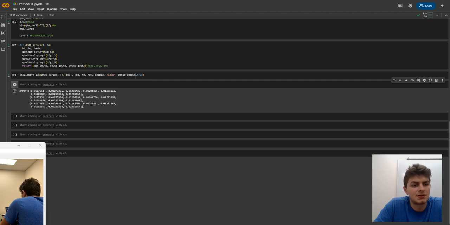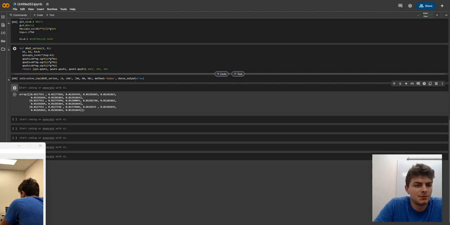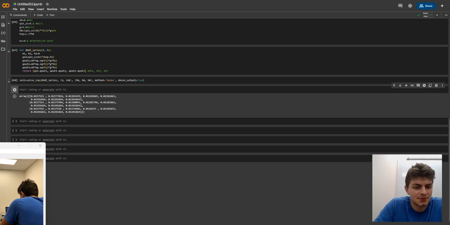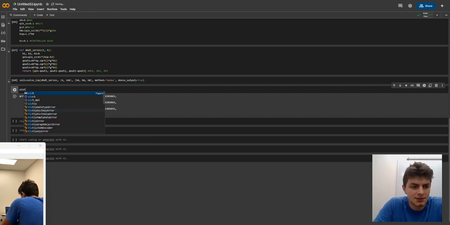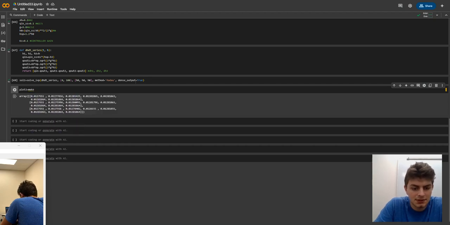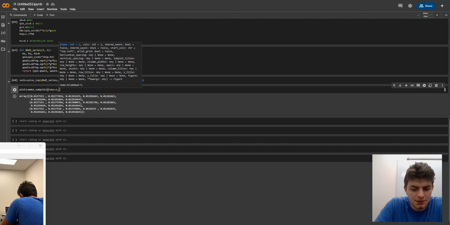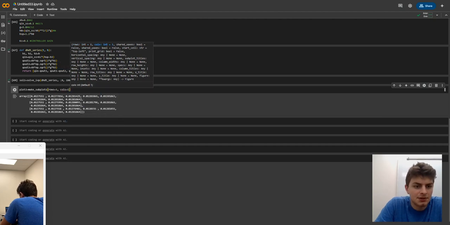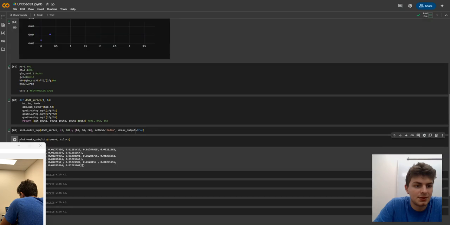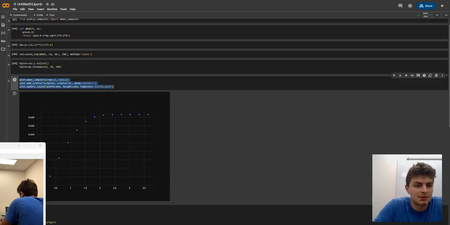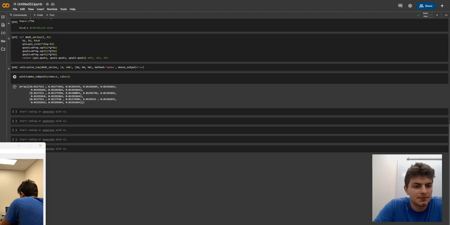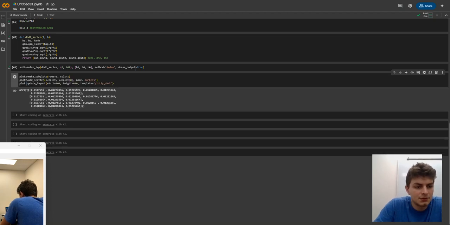So a couple things here. We want to make sure that we're actually hitting our set point. So that's what we're going to do by creating this plot. So let's say plot 2 equals make subplots. Rows equals 1, columns equals 1. We could make this into multiple subplots. I'm not going to here. But let's just copy all this because otherwise I'm probably going to screw it up. Plot 2, plot 2. Okay.